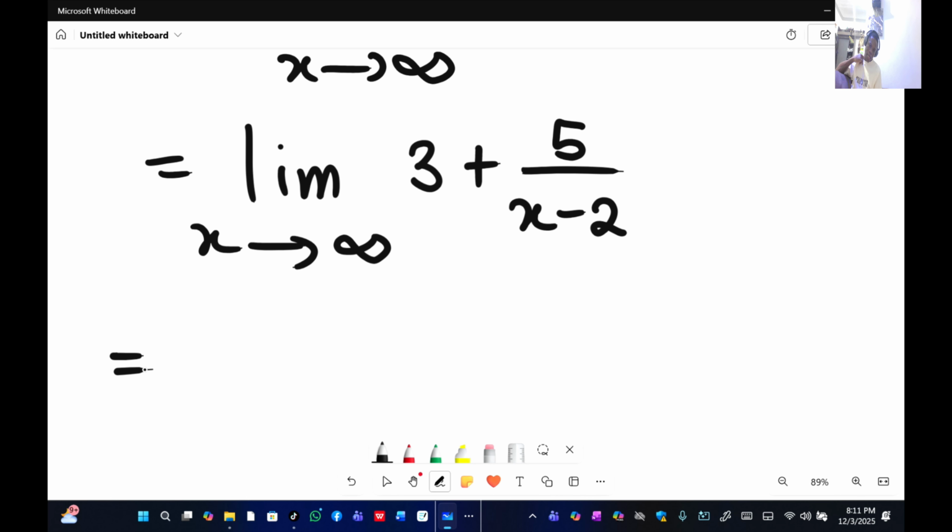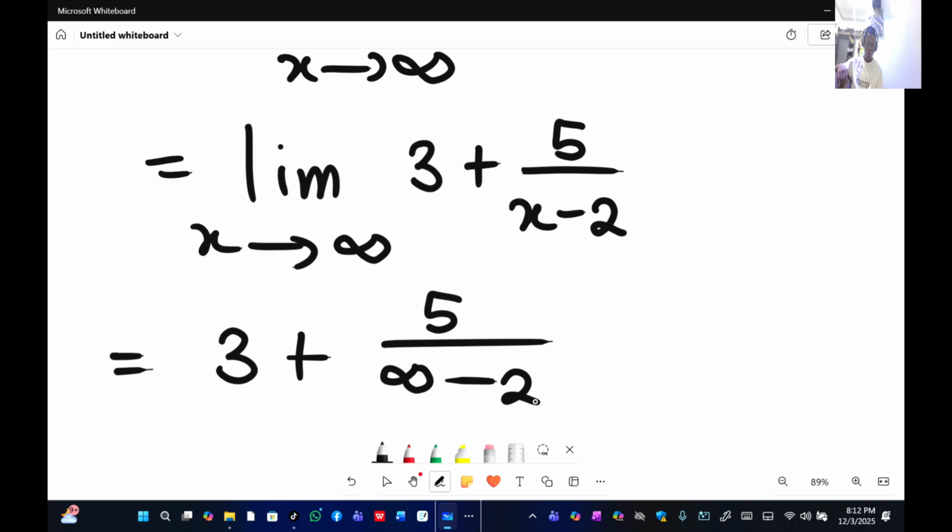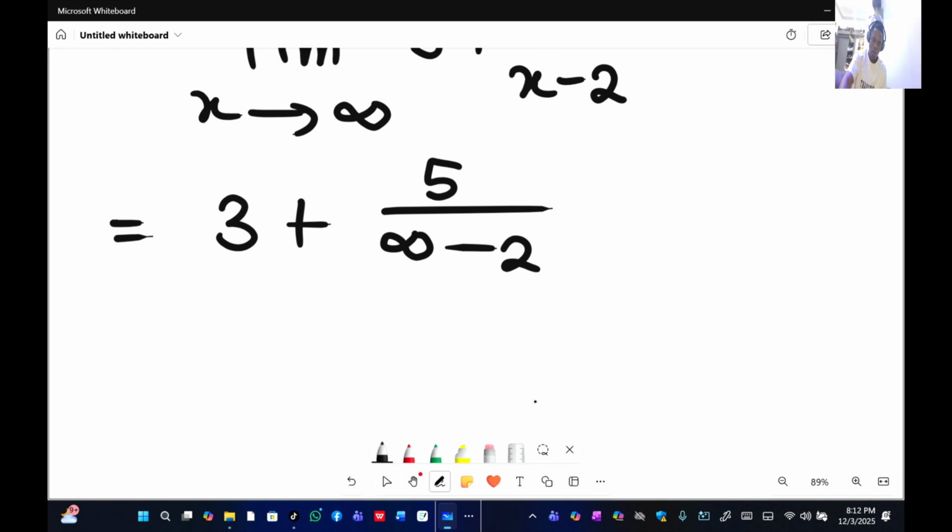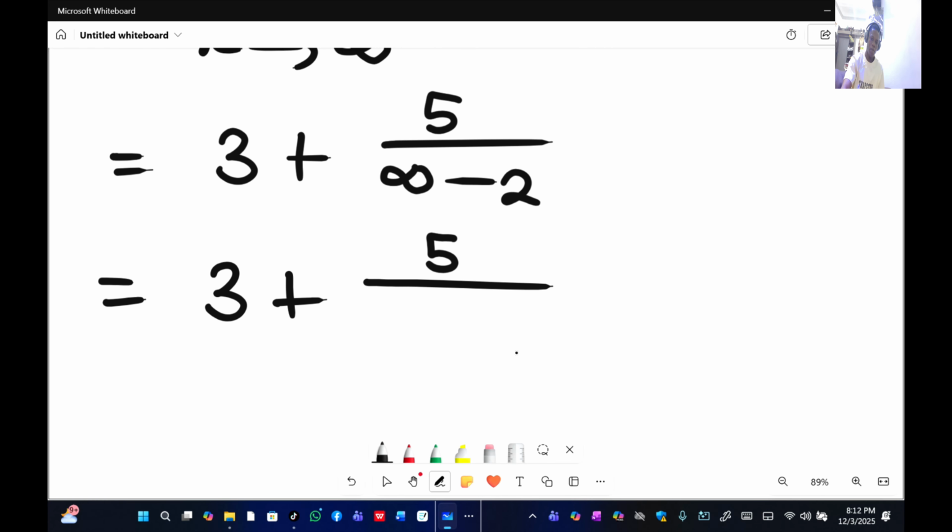So we are going to get 3 plus 5 divided by infinity minus 2. So we continue to evaluate. 3 plus 5 divided by infinity minus 2 will give us infinity in the denominator.